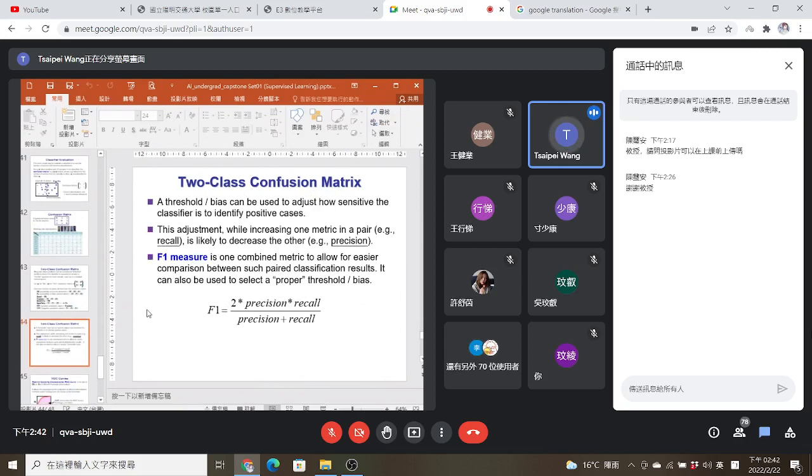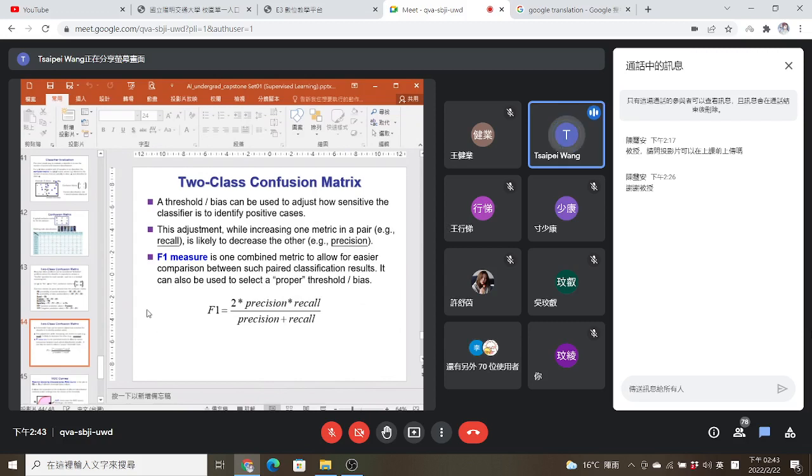However, although this gives you more information, comparing them in pairs does not tell you which one is better or which one is worse, because usually in a pair like recall and precision, when you increase recall, precision drops. So if you have two classifiers, one has better recall and the other has better precision, it's hard to tell which one to choose.